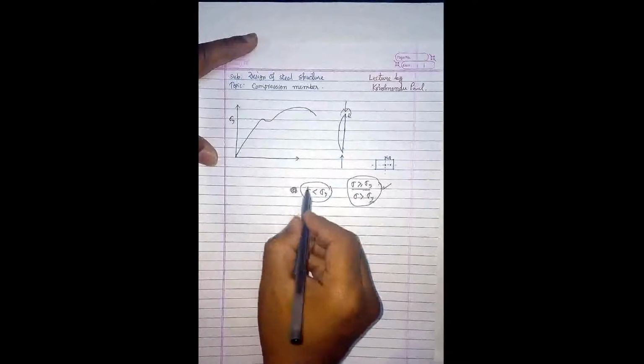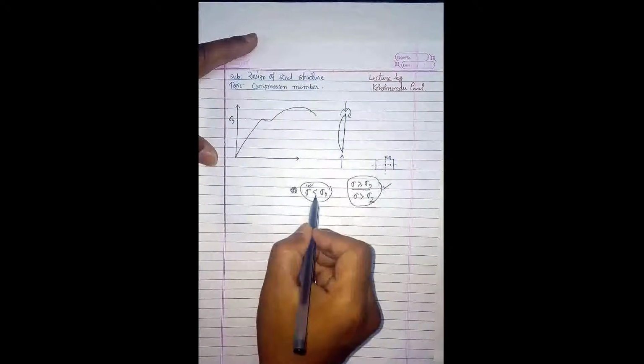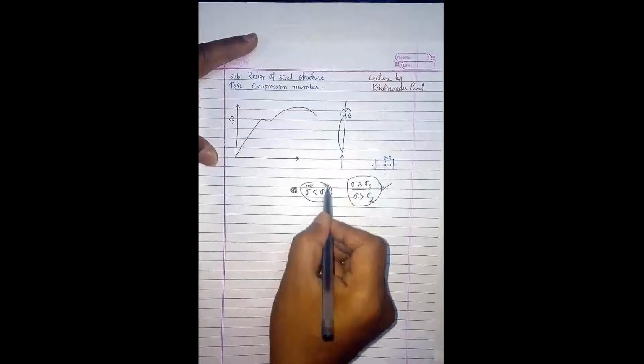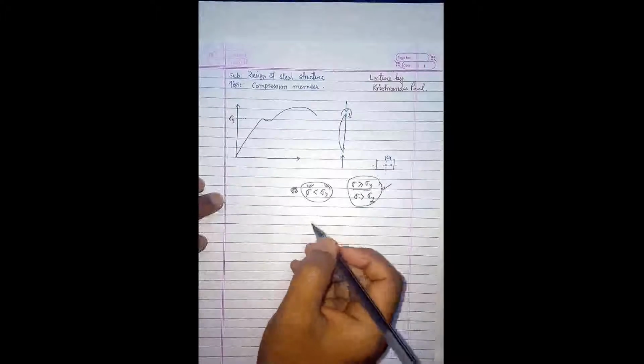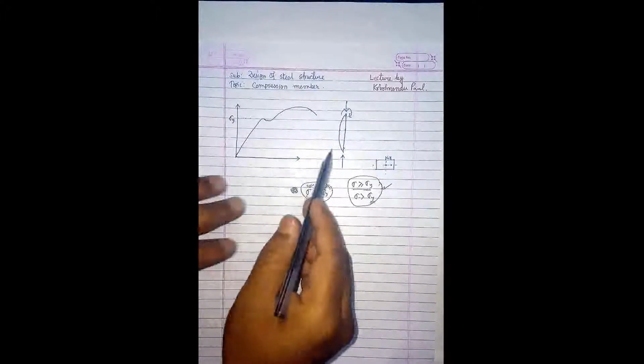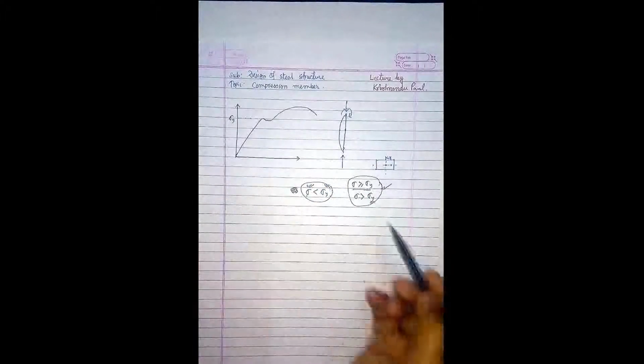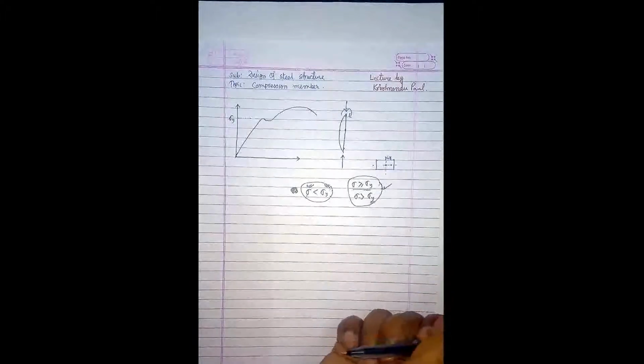This failure is happening when the stress in the member has not reached the yield stress. This type of failure is called geometric failure, and this type of failure is called material failure.